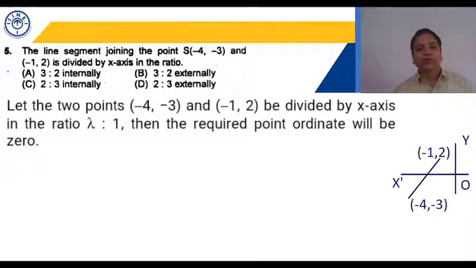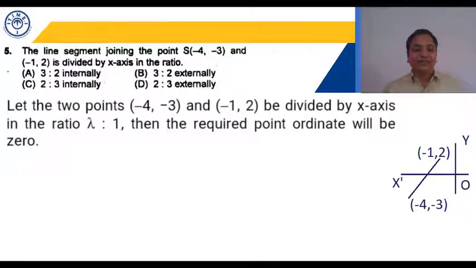Let's start. Let the two points (-4, -3) and (-1, 2) be divided by the x-axis in the ratio lambda is to 1, or whatever you want to assume. But we know that for any point on the x-axis, the y coordinate is definitely 0. We learn this in the very first few slides.